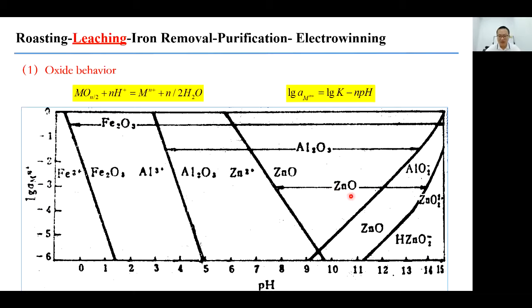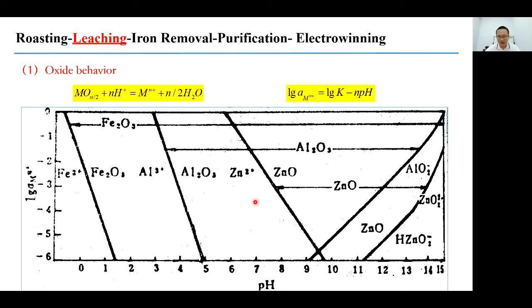Once we decrease the pH value of the solution, zinc oxide converts to zinc cations in the aqueous solution, which can be further recovered by electrowinning.